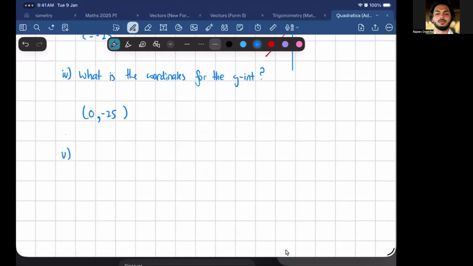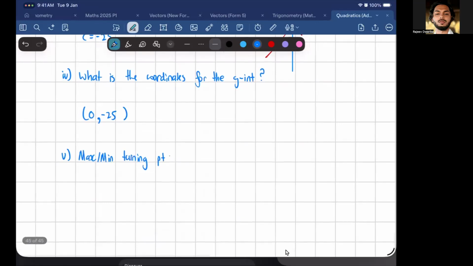What if they now ask us for the maximum or the minimum turning point, and justify your answer? Caleb, it would be minus h comma k.